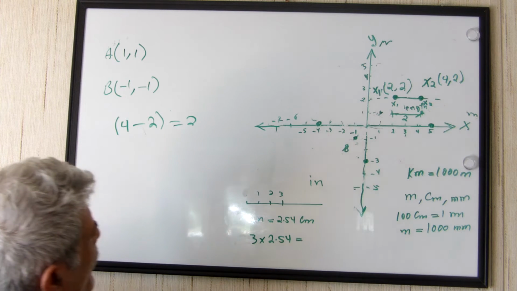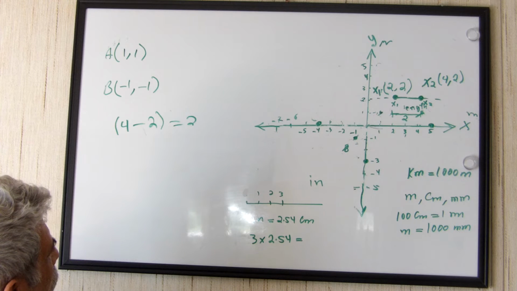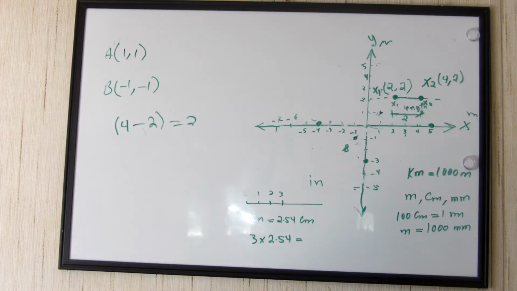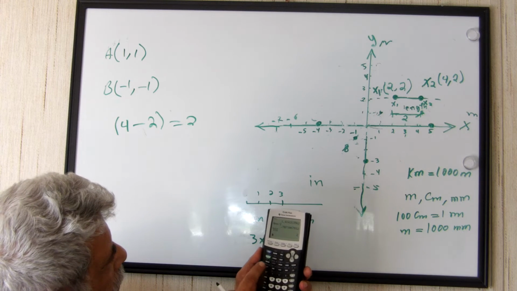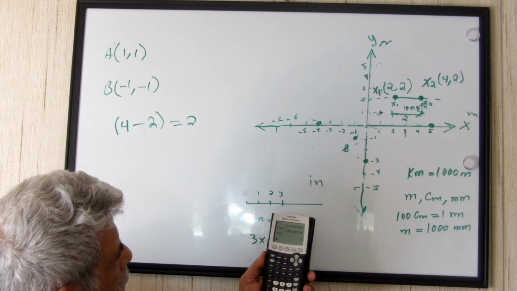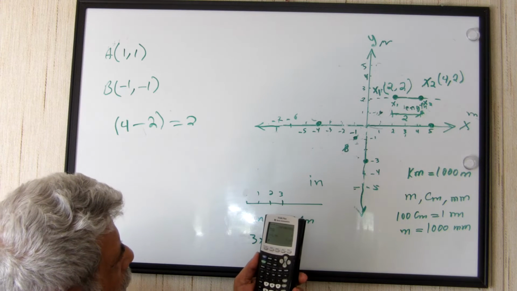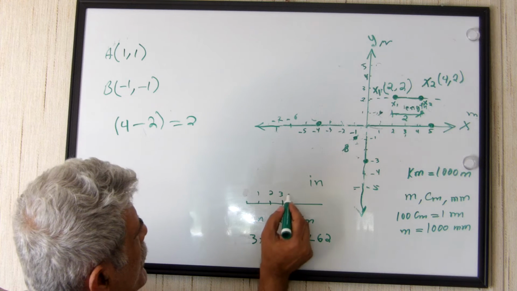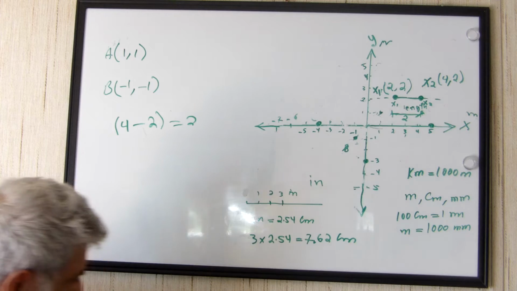Let's put it in the calculator. Turn this on, and say 3 times 2.54, and we get 7.62. So 3 inches changes to 7.62 centimeters.